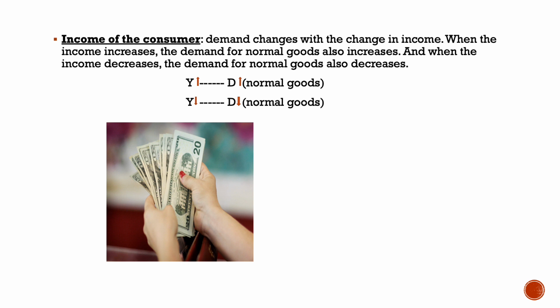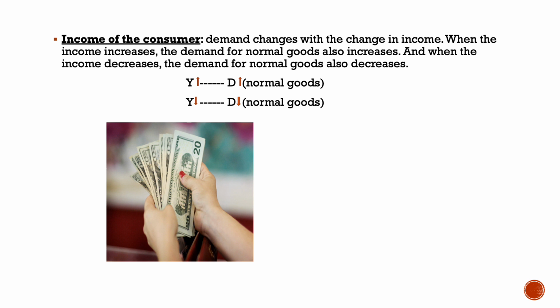Now what do you mean by the term normal goods? Normal goods are those goods the demand for which increases with the increase in income. So normal goods will be the goods which are of good quality. So we say that when the income of the consumer increases, the demand for normal goods also increases.